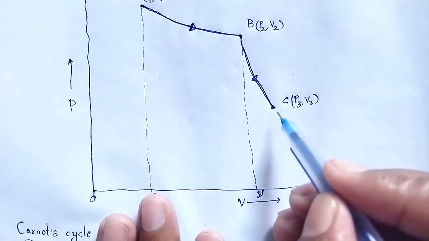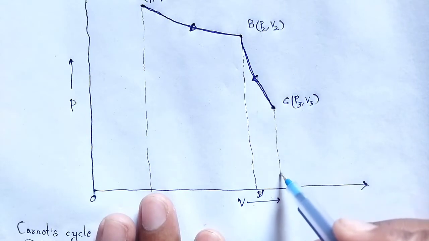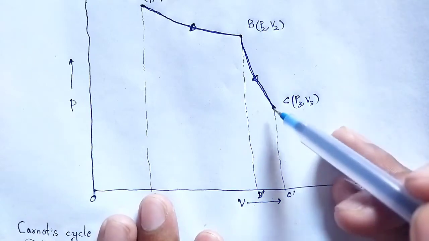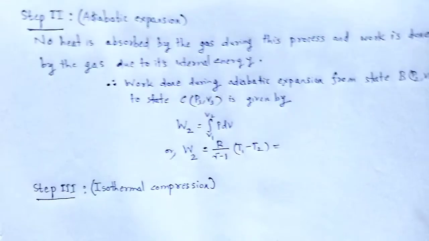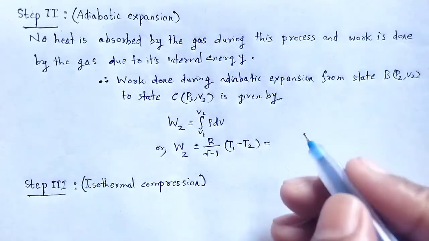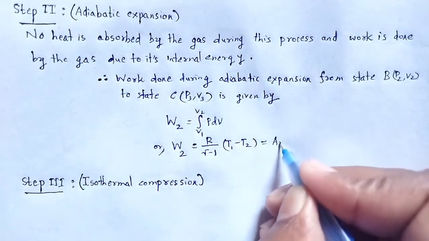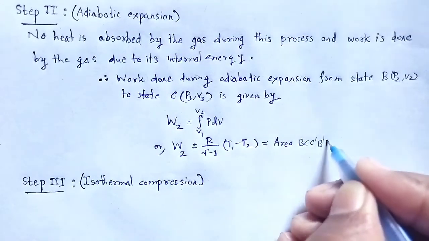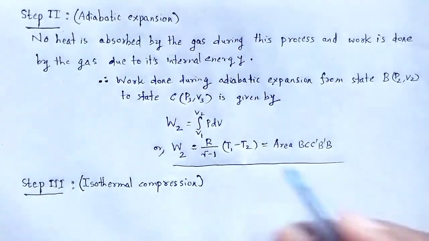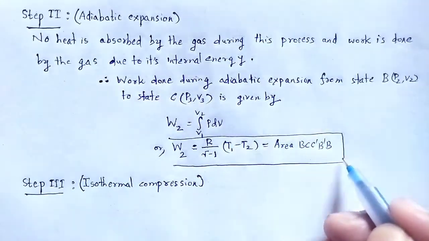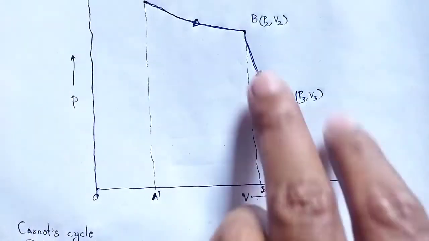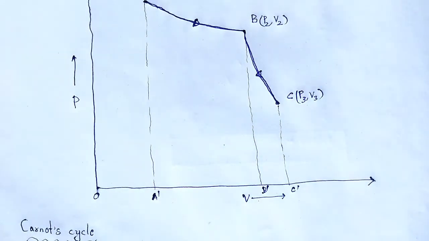So the strip will be here, the point B, C dash, that is the area under B dash C dash C B. That is the expression for work done during adiabatic expansion, case number 2.